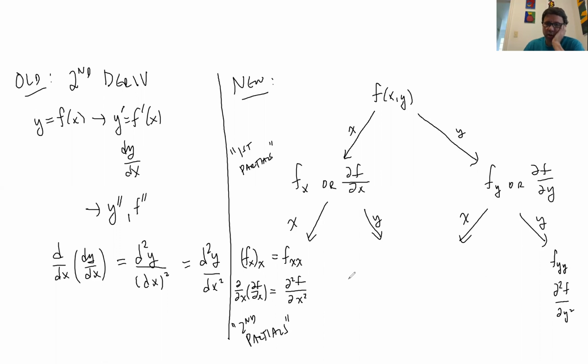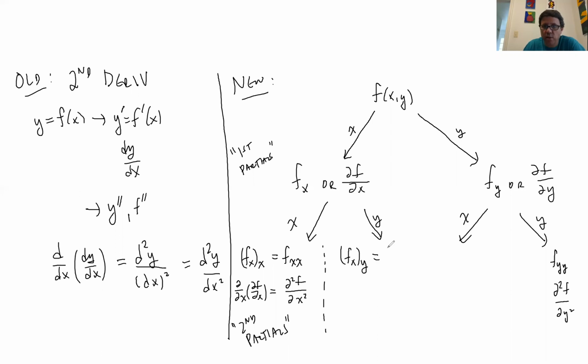Now it gets a little tricky here in the middle. I want to do a derivative with respect to x, but then on that answer do a derivative with respect to y. So let's be a little careful on this one. That means I take my f sub x and do a derivative sub y. Any subscript means do the derivative.